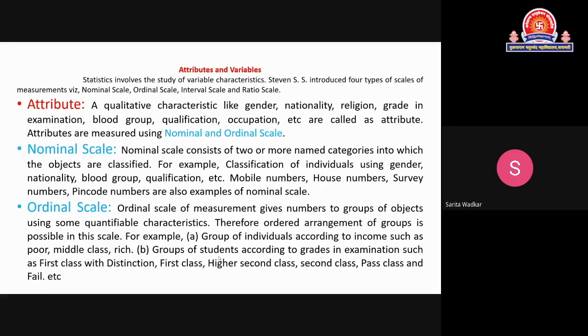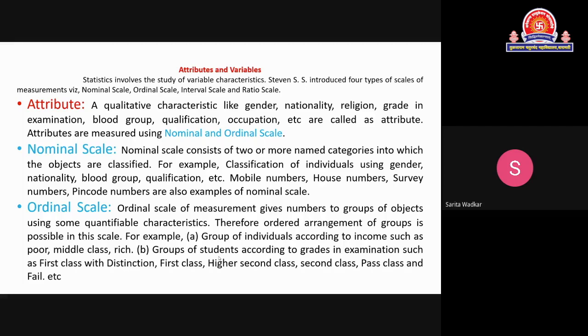So here we find that in the ordinal scale, numbers given to groups as labels serve the purpose of ranks. Hence, those labels are not interchangeable. In the ordinal scale, the groups are ordered according to some characteristic. Suppose three individuals A, B, and C are given ranks 1, 2, 3, respectively, according to height.